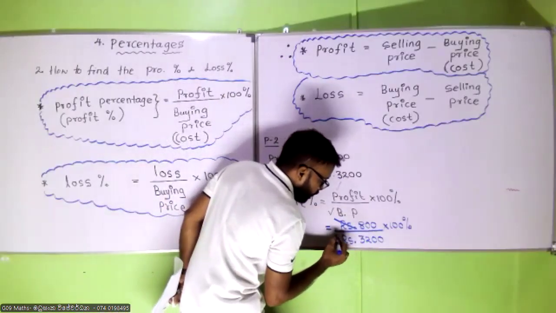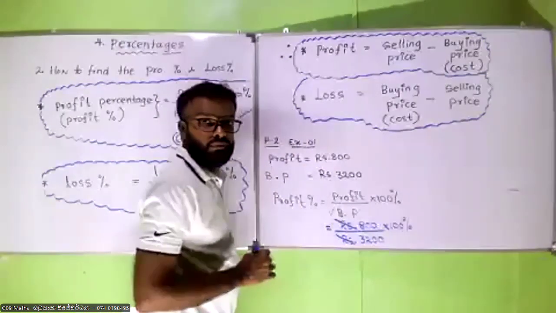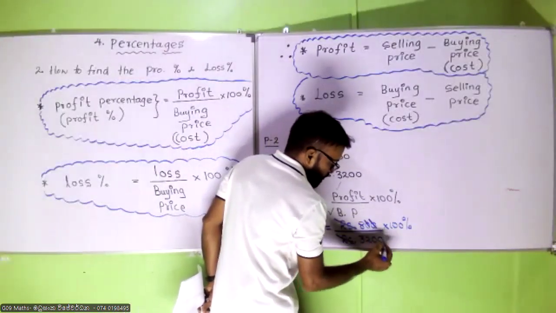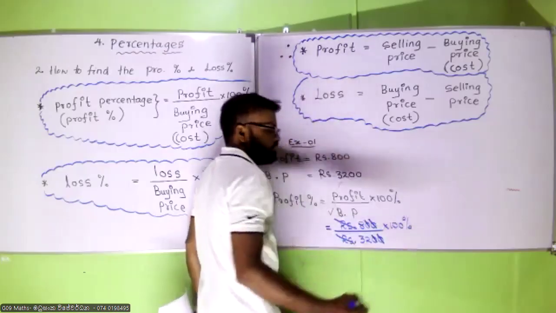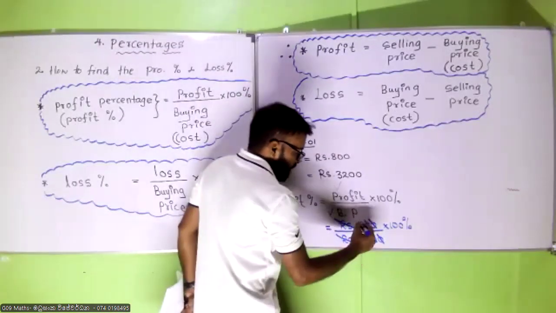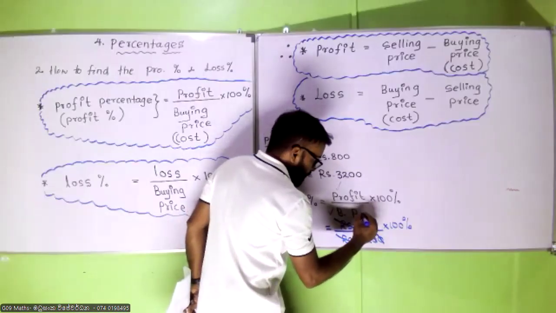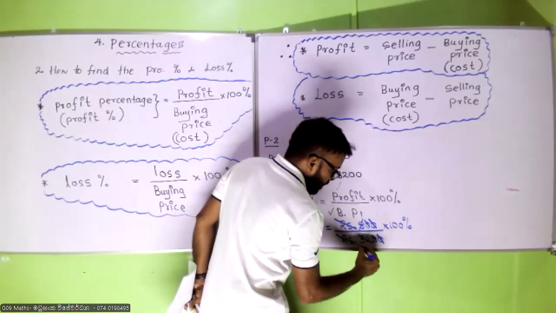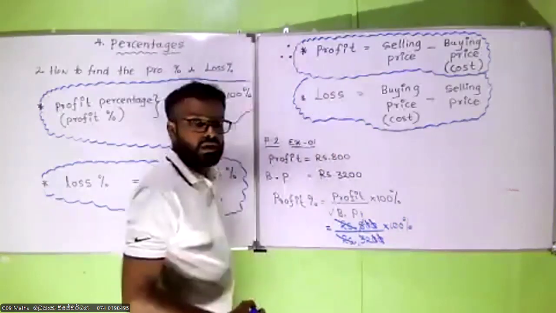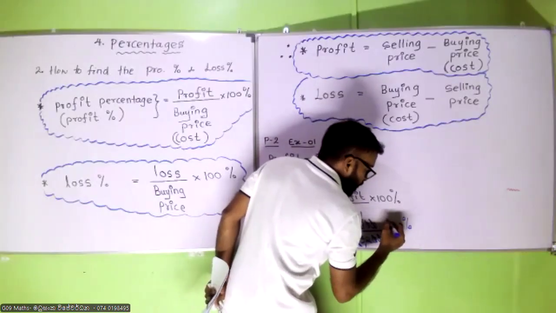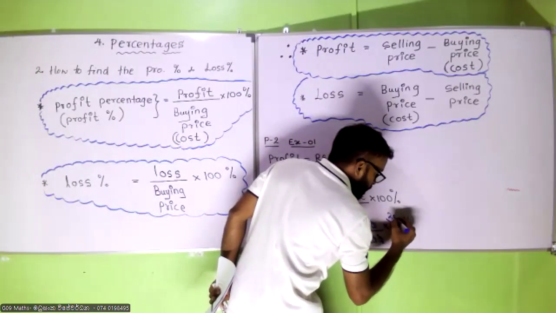Rupees to rupees, 0 to 0, 0 to 0. 8 and 32: 8 times 1, 8 times 4. 4 times 1, 4 times 25.